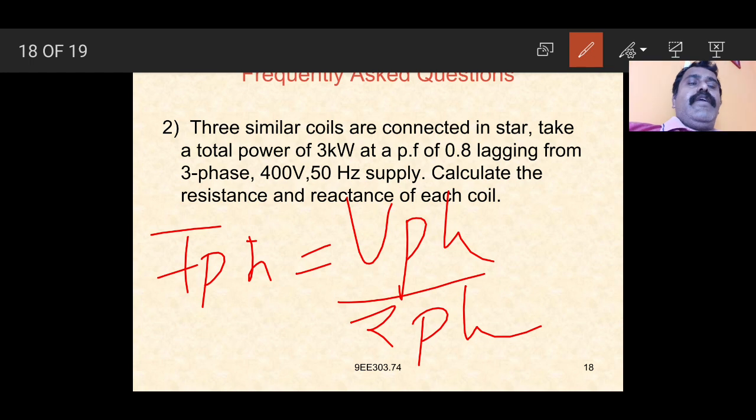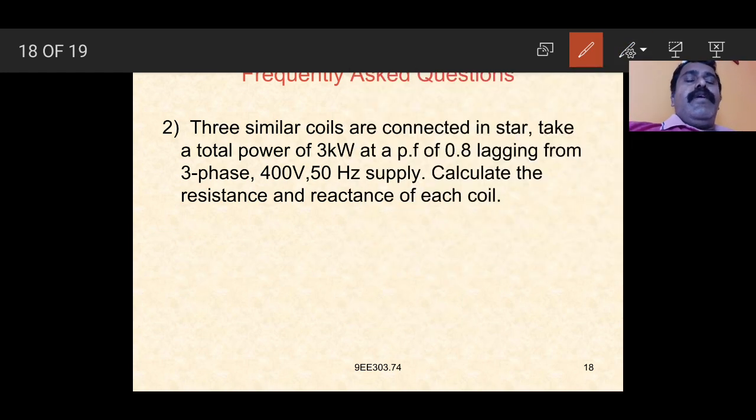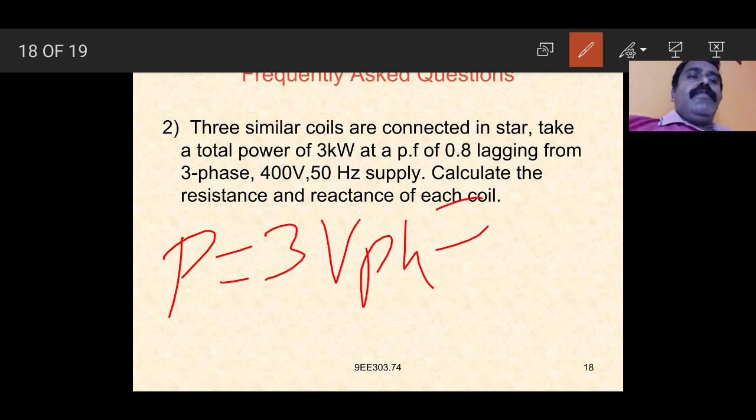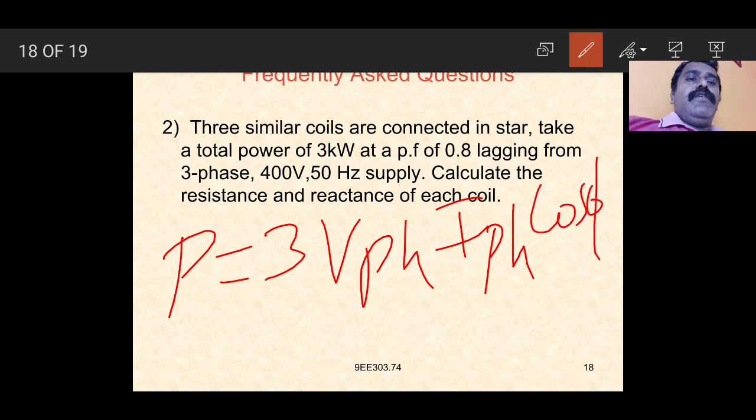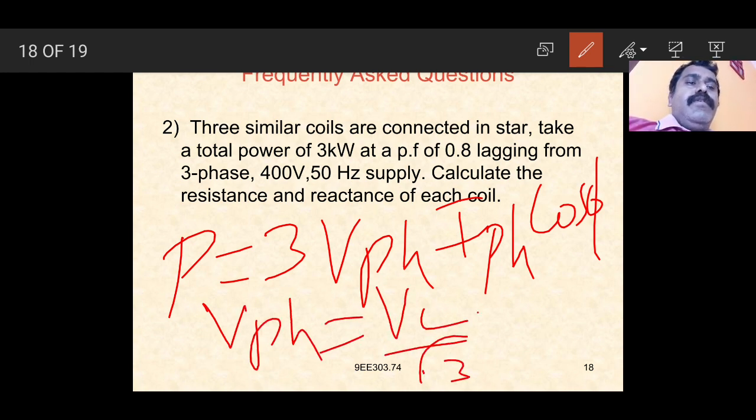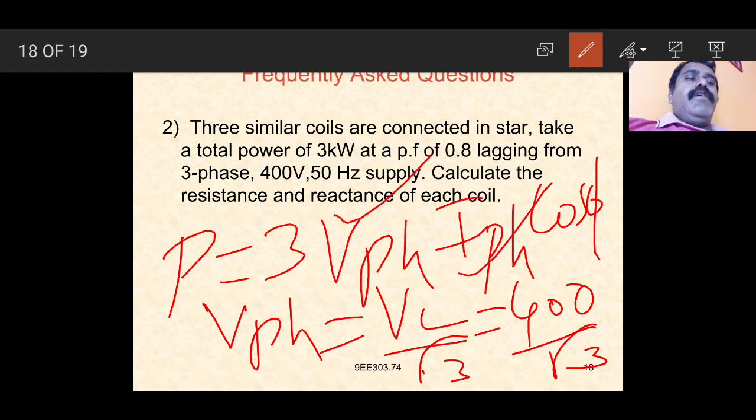We find P is equal to 3 V phase I phase cos phi. Cos phi is given as 0.8, and power is given as 3 kilowatt. We can find I phase here. We know V phase is equal to VL by root 3, that is 400 by root 3. We get the value of V phase, and if we substitute it here, we get the value of I phase.